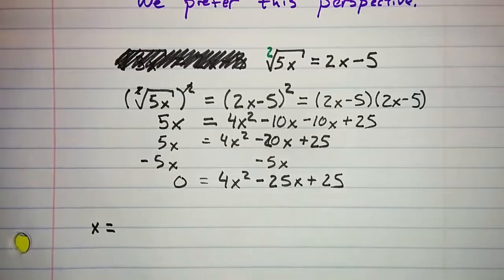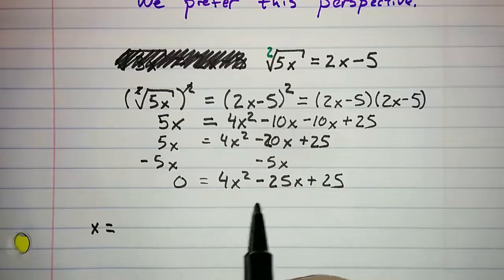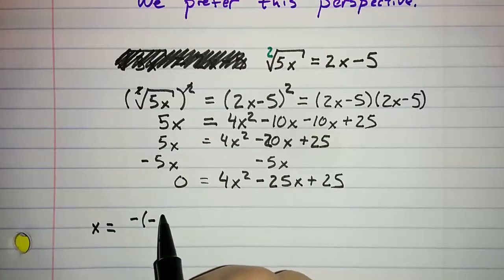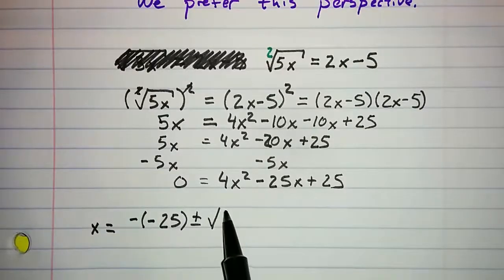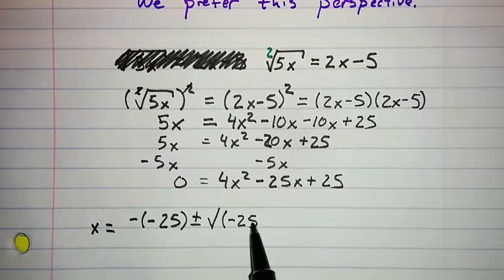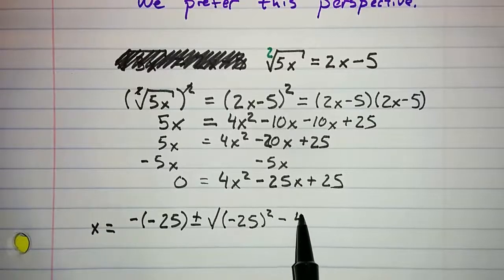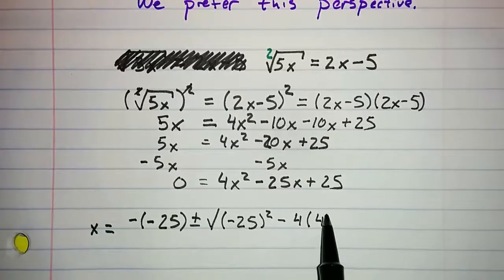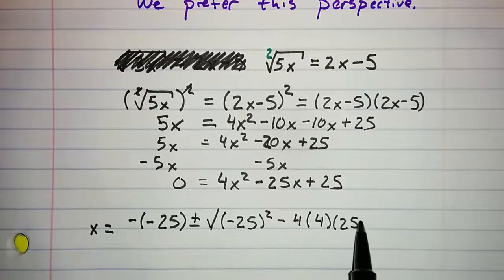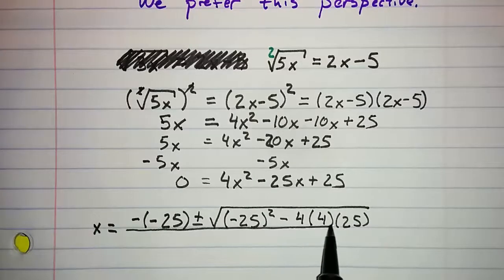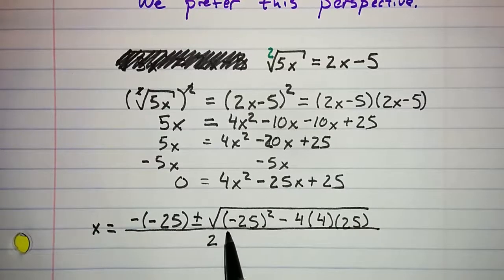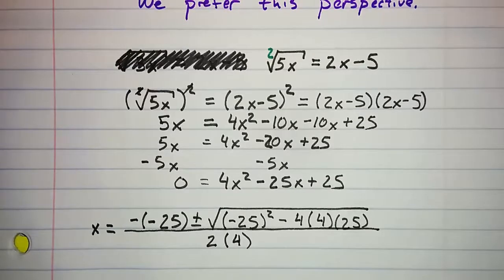So x is, b is negative 25, so negative b, negative 25, plus or minus the square root of b squared minus 4ac, all over 2a. What does that give me?